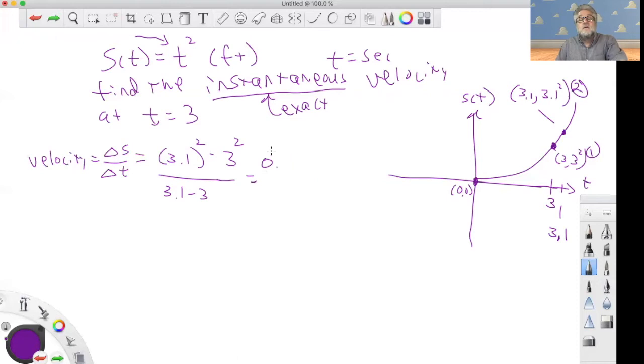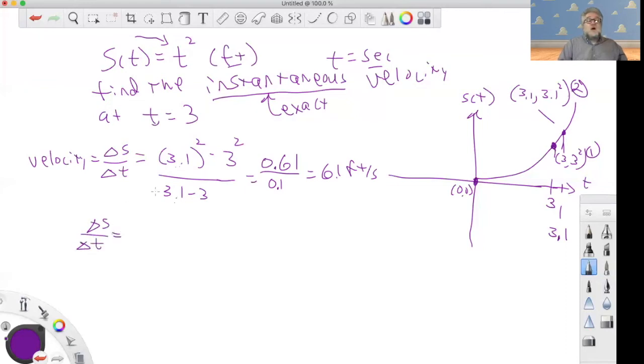Sorry. Let me calculate it again. There we go. 0.61 over 0.1, which is 6.1 feet per second, because I said we were in units of feet and seconds. Okay, there we go. Is that exact? No, it's not exact, because these 2 points are separated by a time of 0.1 seconds. Can we get closer? Yeah, we can get closer.